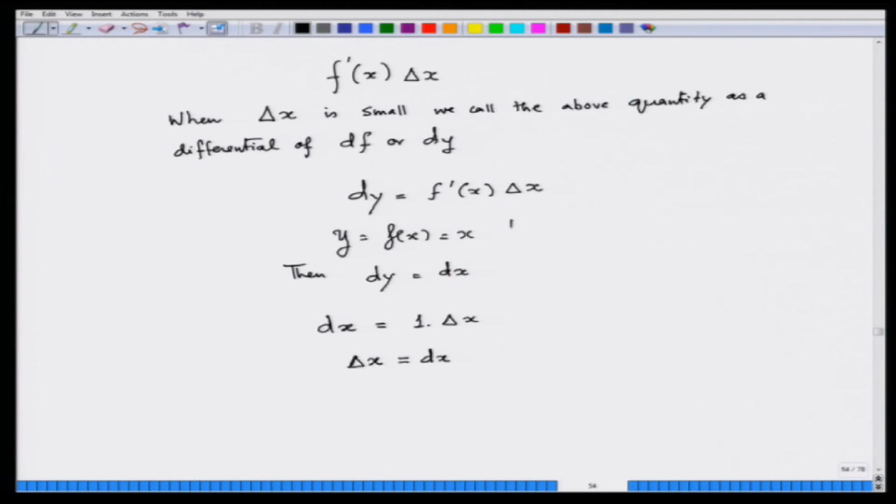So that is why delta x is essentially called the differential of x. That is why the differential of y is telling the change of y when the change in x is very small. It is nothing but the derivative of f at x into the differential of x.